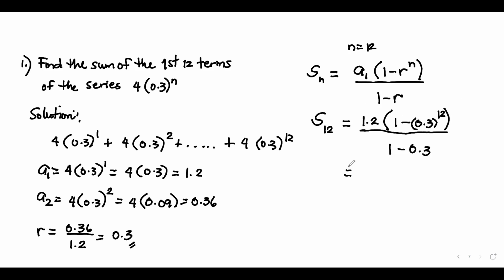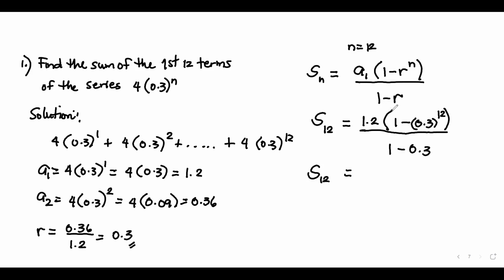Then simplify. So we can use a calculator for that. So you check the sum of the first 12. So let's calculate: 1.2 multiplied by 1 minus 0.3 raised to 12, in parentheses.